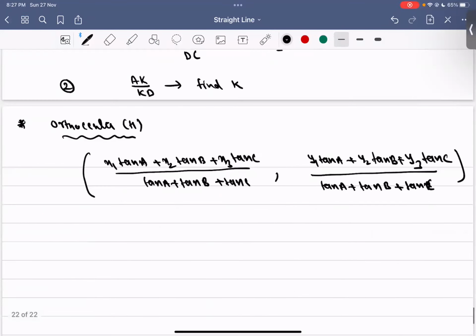So this we can write in compact form: sigma x1 tan A by sigma tan A, comma, sigma y1 tan A by sigma tan A.